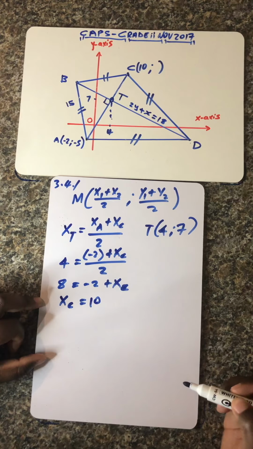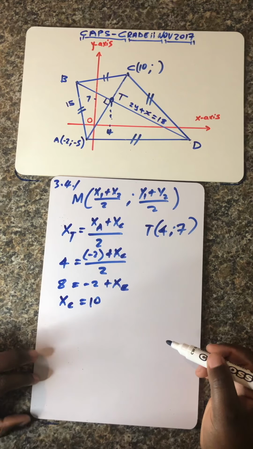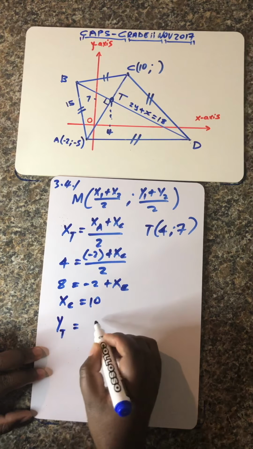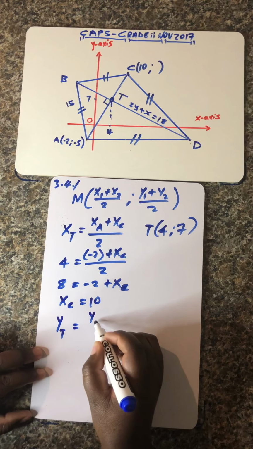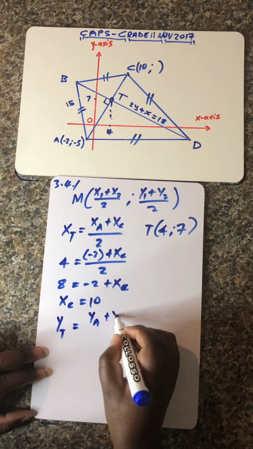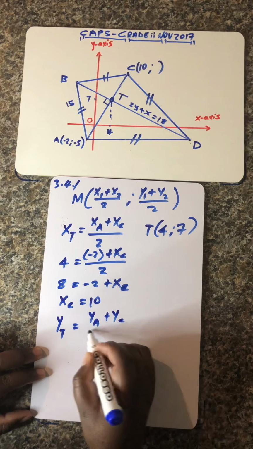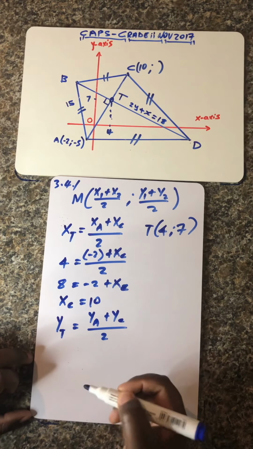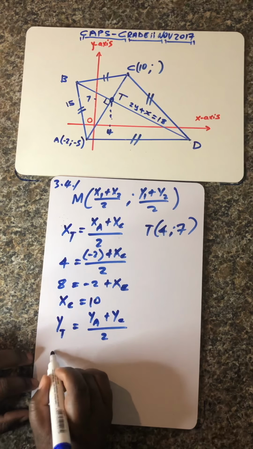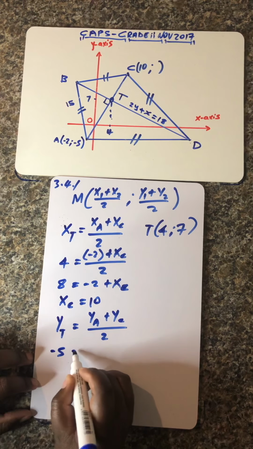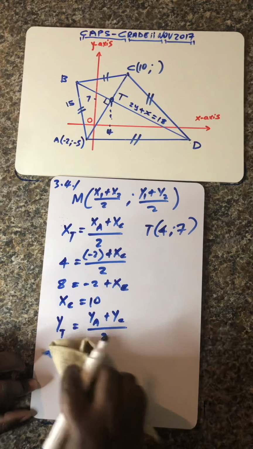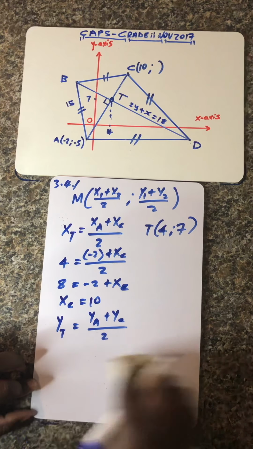Okay, so we do the same for calculating the y at C. The y at T equals the y at A plus the y at C, over 2. So you substitute and follow the same procedure. The y at T is 7. Let me just wipe there so that you are able to see.